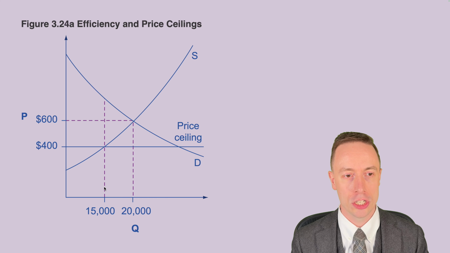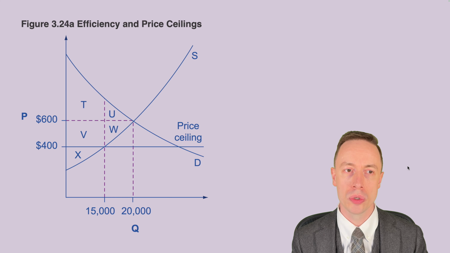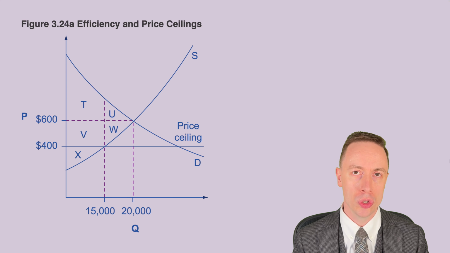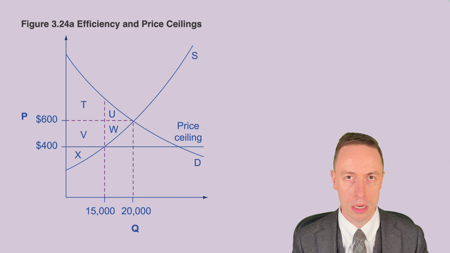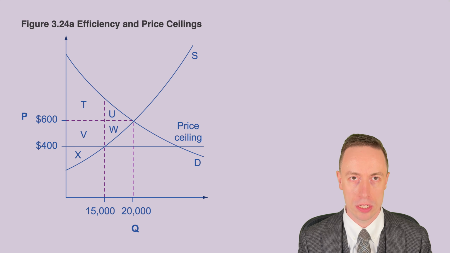Notice we've got a dashed line here going all the way to the top of the demand curve. What's going on there? Well, I'm going to label some areas here that are formed, and we can use those area labels to compare consumer, producer, and social surplus, both at equilibrium and with the price ceiling in effect.